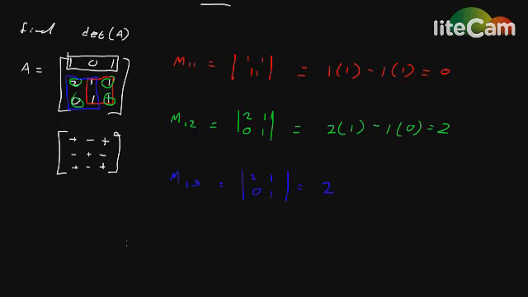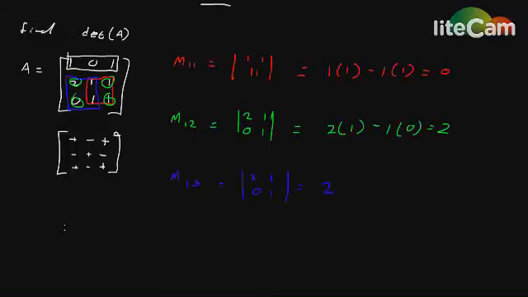Now, very quickly, we're going to stick the appropriate signs in front of the minors that belong to each of these elements, add it all together, and then we will have our determinant of the 3 by 3 matrix.